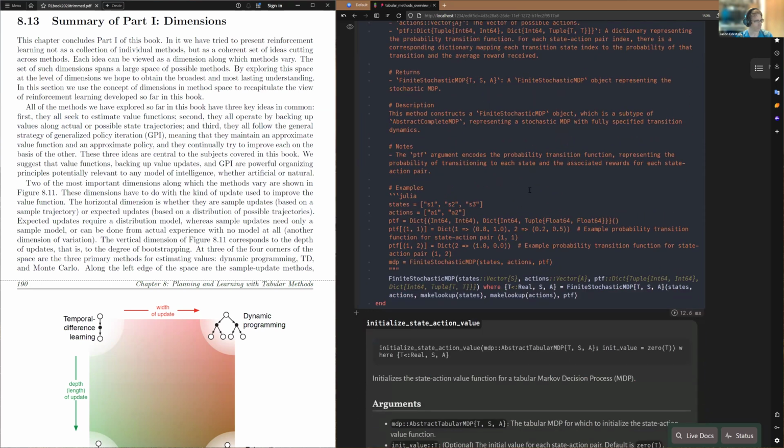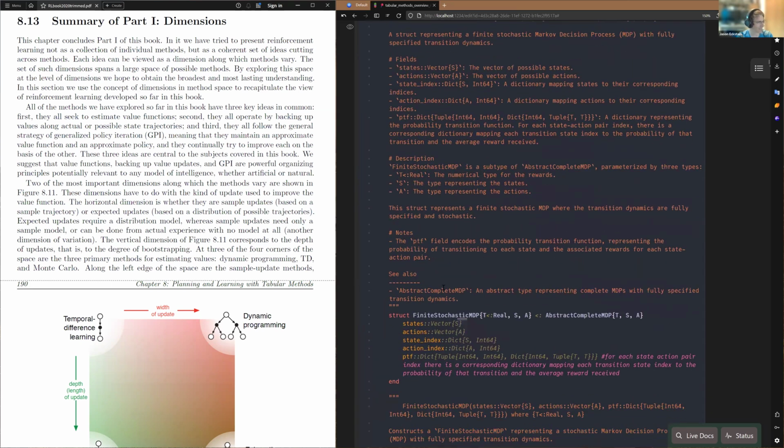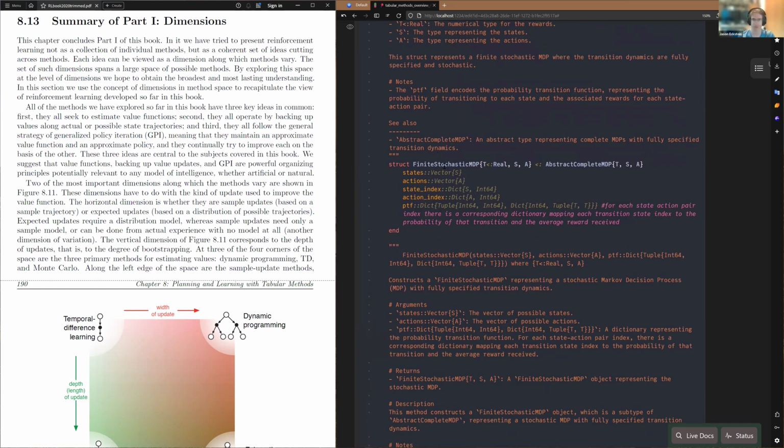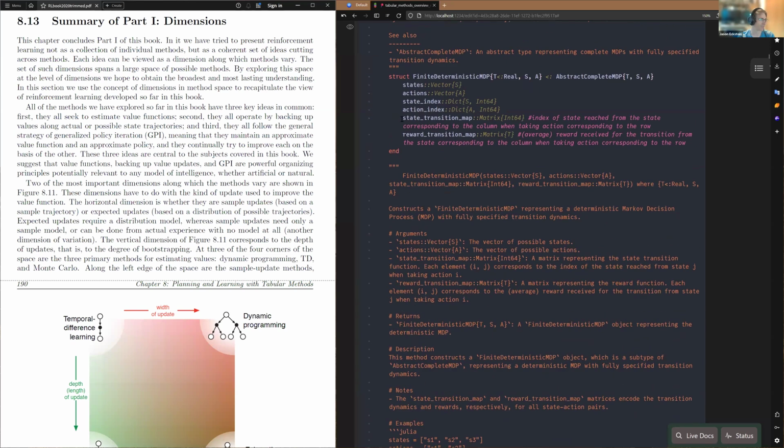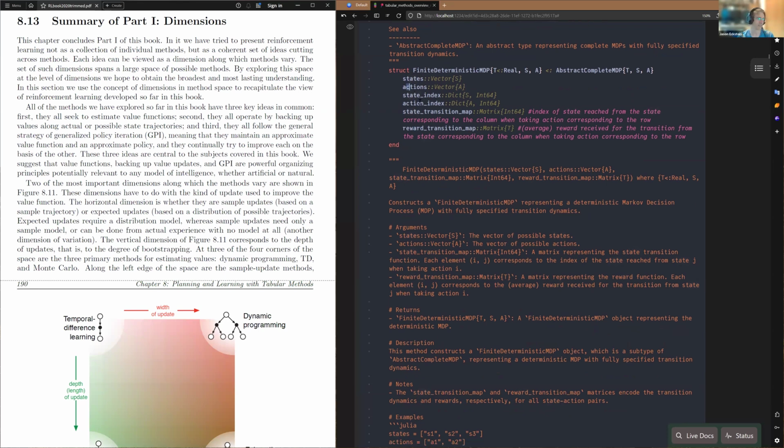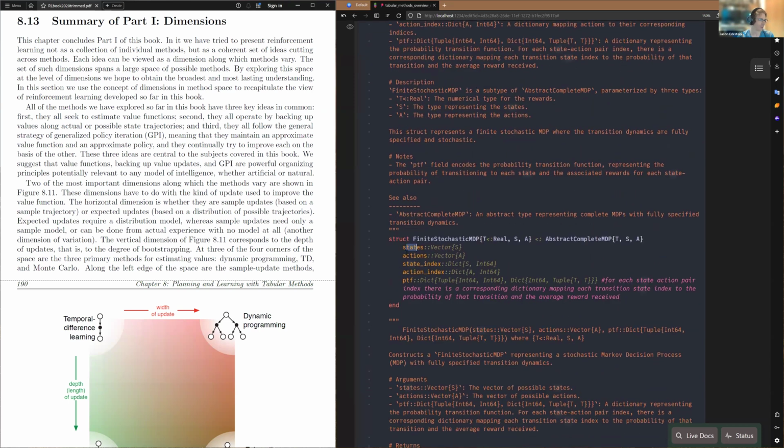So yeah, I can leave this up, but does this make sense? This is the part that actually defines the behavior of the MDP, and in this one it would be these 2 maps. But the part that is constant for both of them is a list of states and a list of actions, which is the defining feature of the tabular MDP.